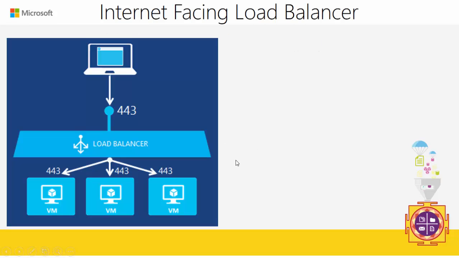So these are some of the scenarios that Azure Load Balancer offers to you, which I am just showing from what I have already spoken about. This scenario is the internet facing load balancer. As you can see in this image, a client sitting at his home is accessing an HTTPS website, and his request is routed to the load balancer, that particular IP, that load balancer instance.